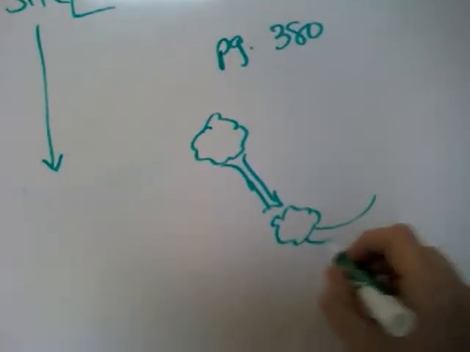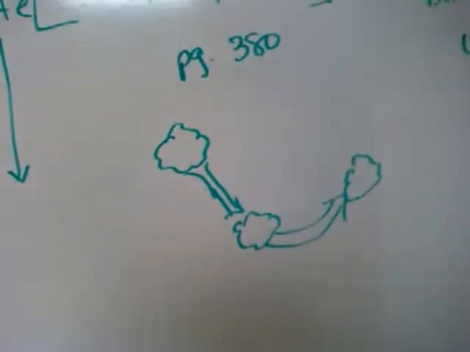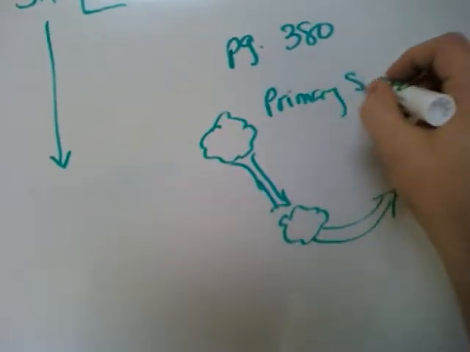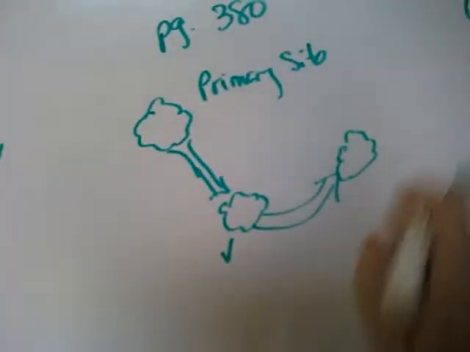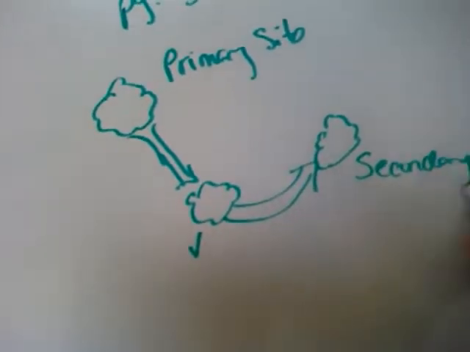And then they're going to spread again, hopefully not, but if they do, to another place. The point of origin is known as the primary site. Okay? And usually they won't mention a middle site, they'll mention the end point, and this is known as the secondary site.